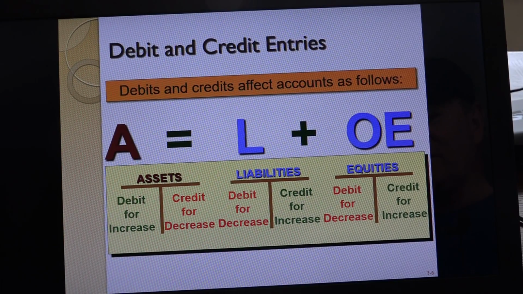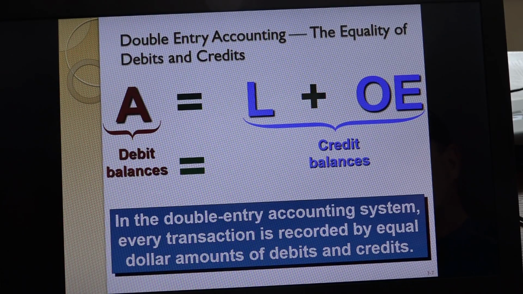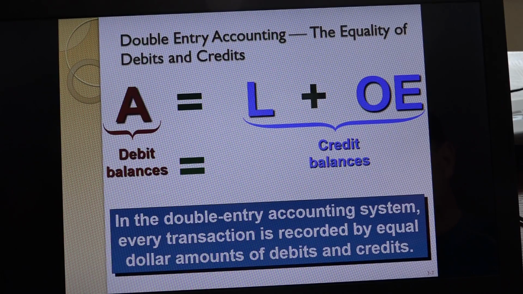So we'll look at that in a few minutes, like I said. Again, the normal balance of an asset is a debit balance. Normal balance of a liability and the overall owner's equity account is a credit balance.